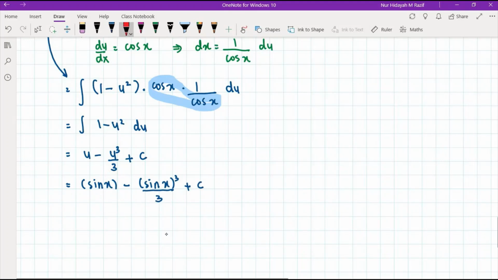One thing you have to do here is return the power to the correct position. So we will have sine x minus sine cube x over 3 plus c. Okay, thank you.